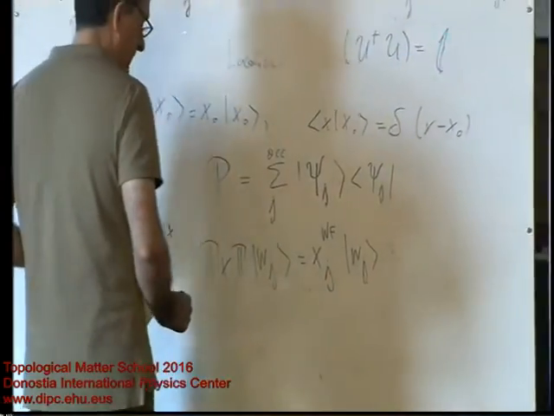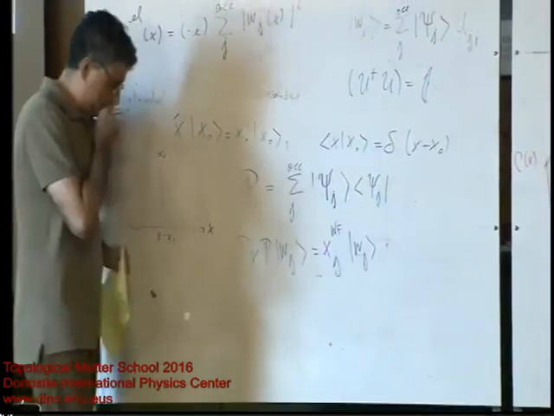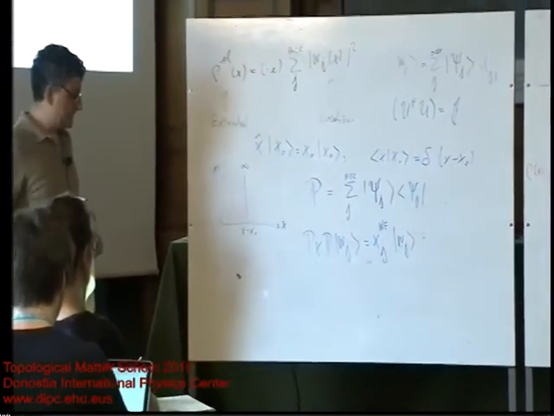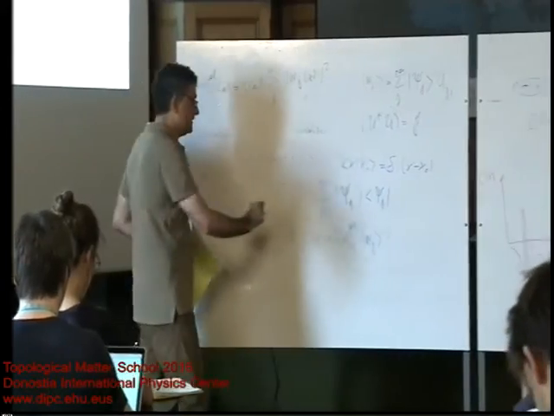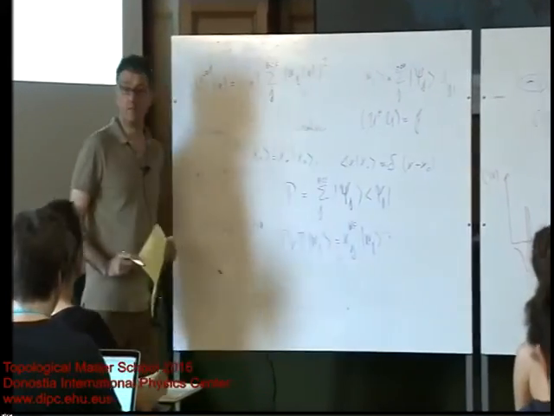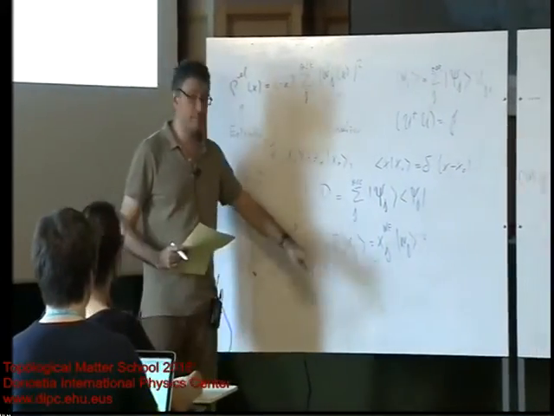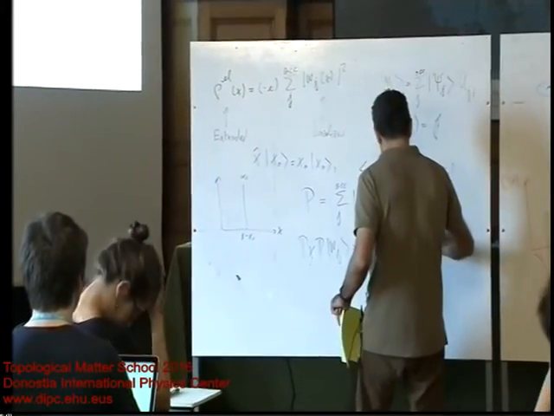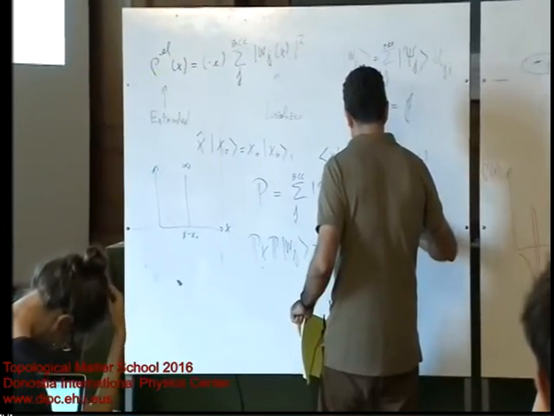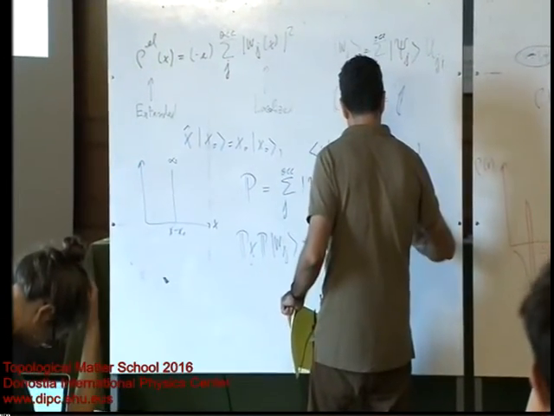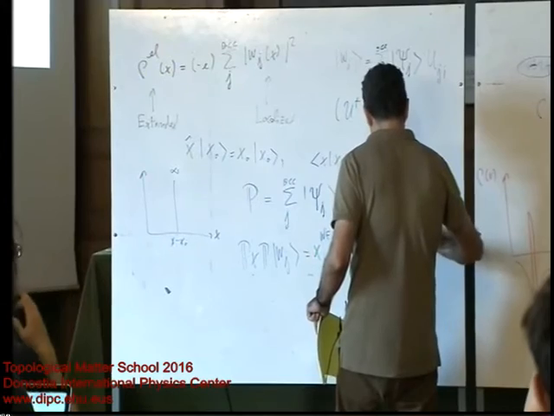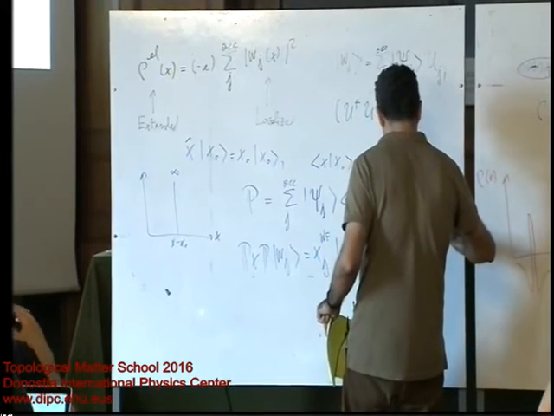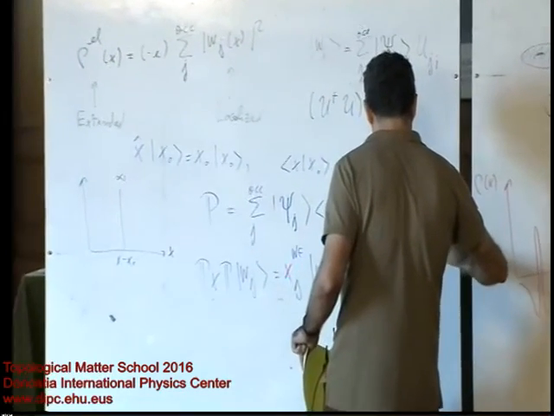And so the eigenvalue I call X of J. And I put the superscript WF because I will call these orbitals Wannier functions, okay? And so this eigenvalue has units of length, and it's nothing but the center of this orbital, so the center of mass of this orbital.